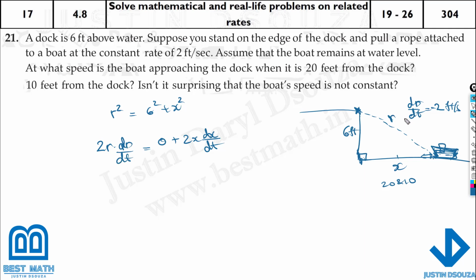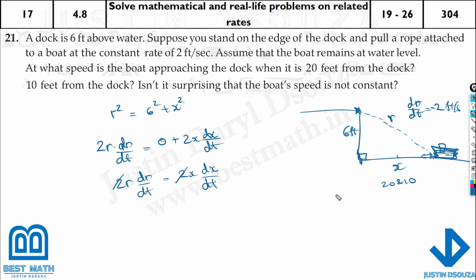So let's substitute what we know, but before that, let's simplify as much as we can. The 2 and 2 cancel off, so it's r dr by dt equal to x dx by dt. Now what about r? We know the x value, that is 20, but we don't know r at all. You can find r by substituting the x value, but better than that, how about we write r in terms of x?